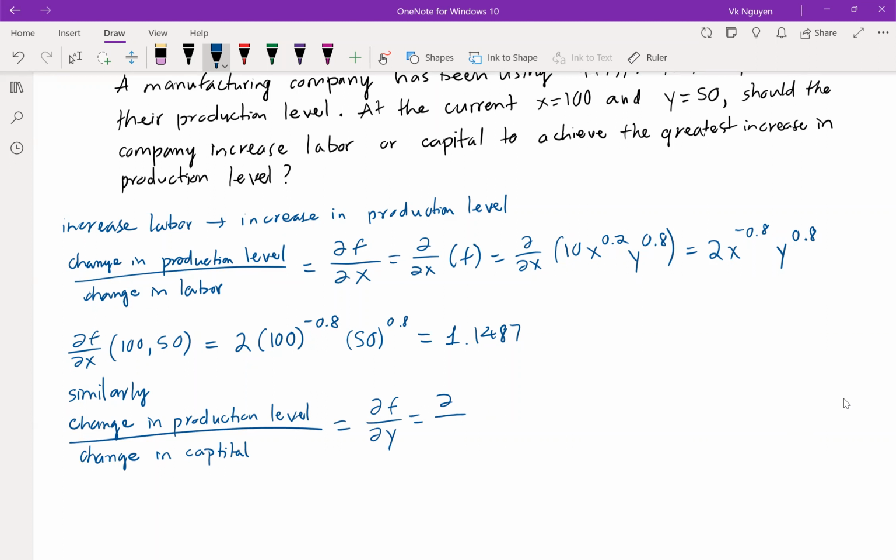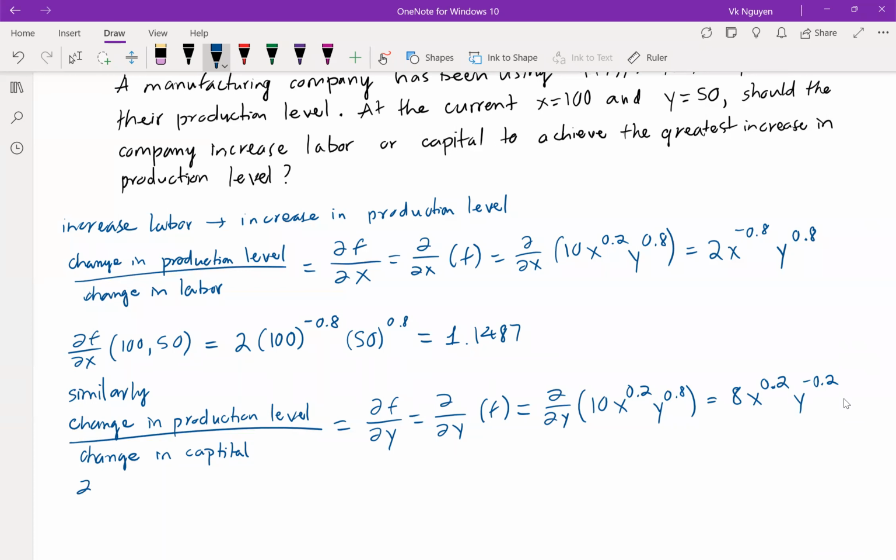So that is just the partial derivative with respect to y of f, the partial derivative with respect to y of 10 x^0.2 y^0.8. We're going to have 8 x^0.2 y^-0.2.